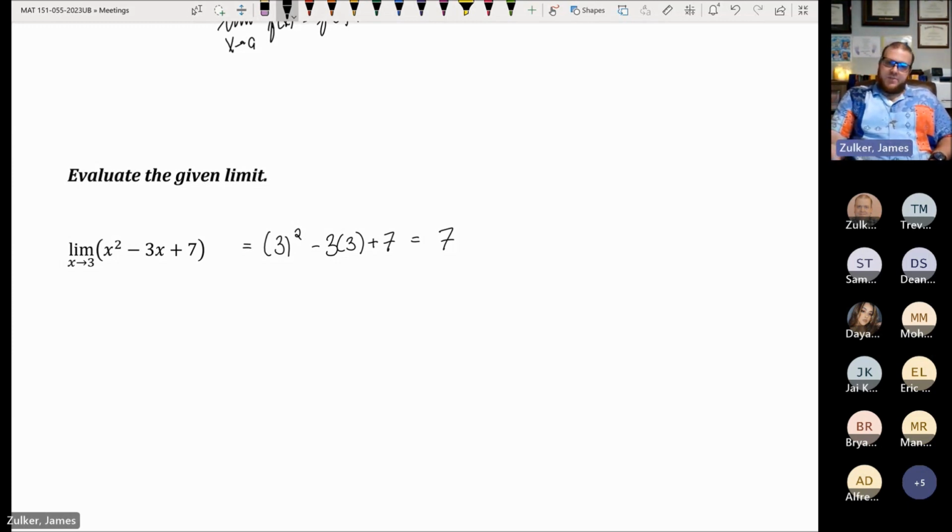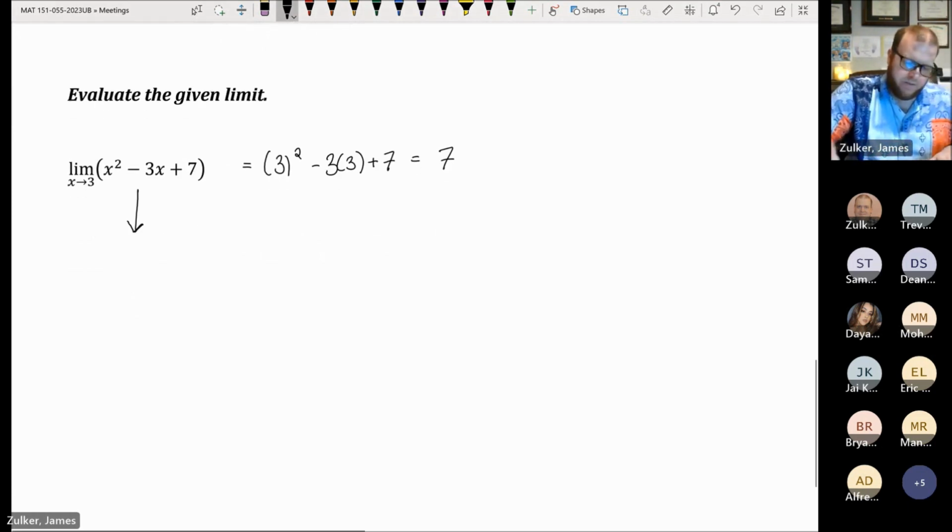Now we're going to justify this. And what that means is I'm just going to break this down, right? So first, what we notice is we have the sum and difference of functions.